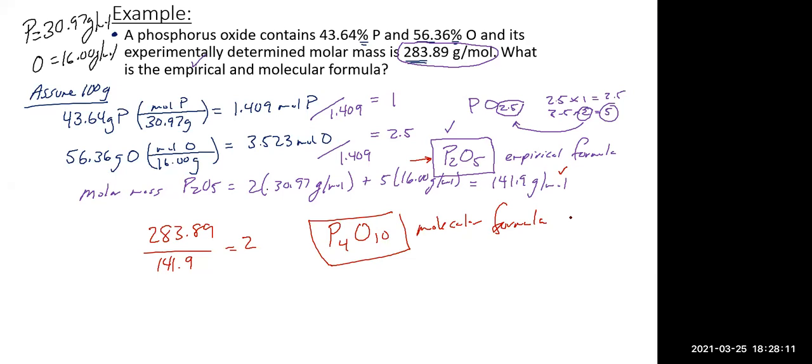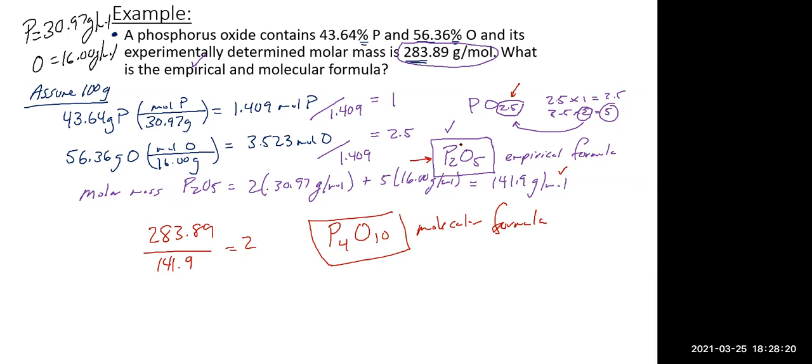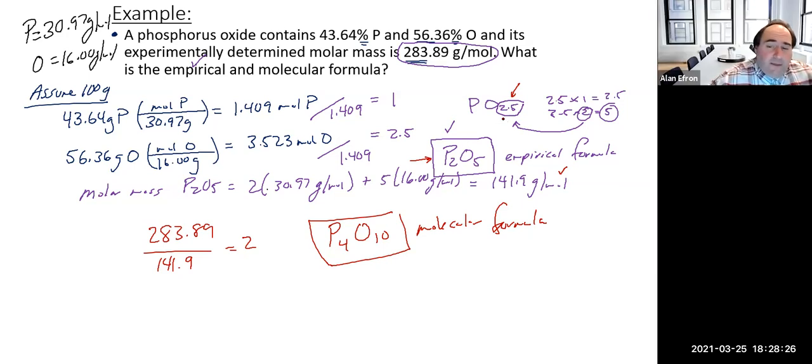Yeah, I have one. So going back to the 2.5, I just have a question on why you multiplied the first one by 1 and the second one by 2. I multiplied the entire thing by 2. Are you talking about the 1 and 2 over here?